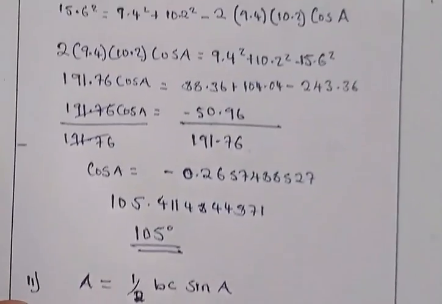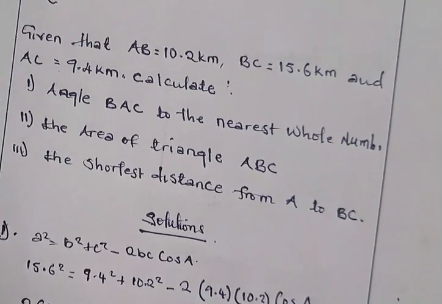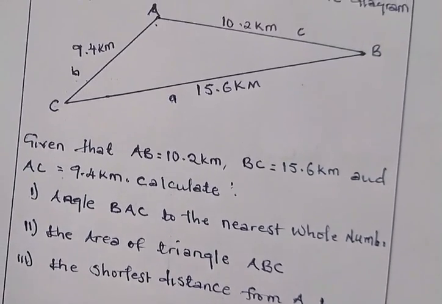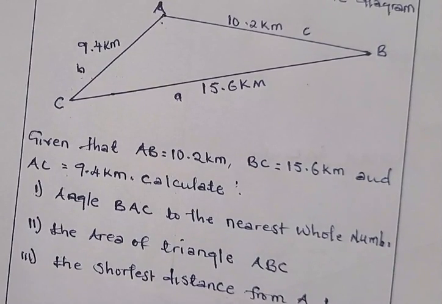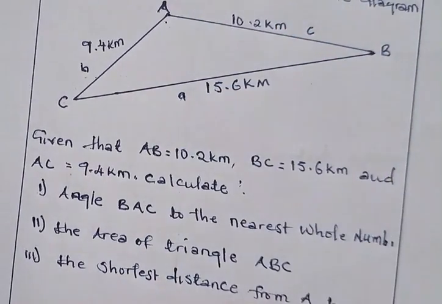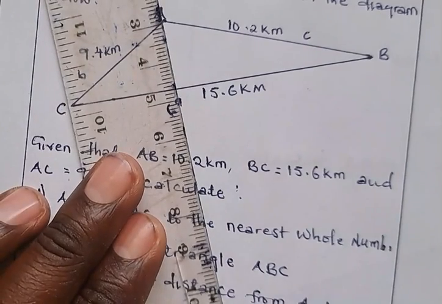So now let us look at the last question. It says calculate the shortest distance from A to BC. Now this shortest distance, they are saying someone wants to make a shortcut to go from A and then goes to this road. So it does make a shortest distance here.